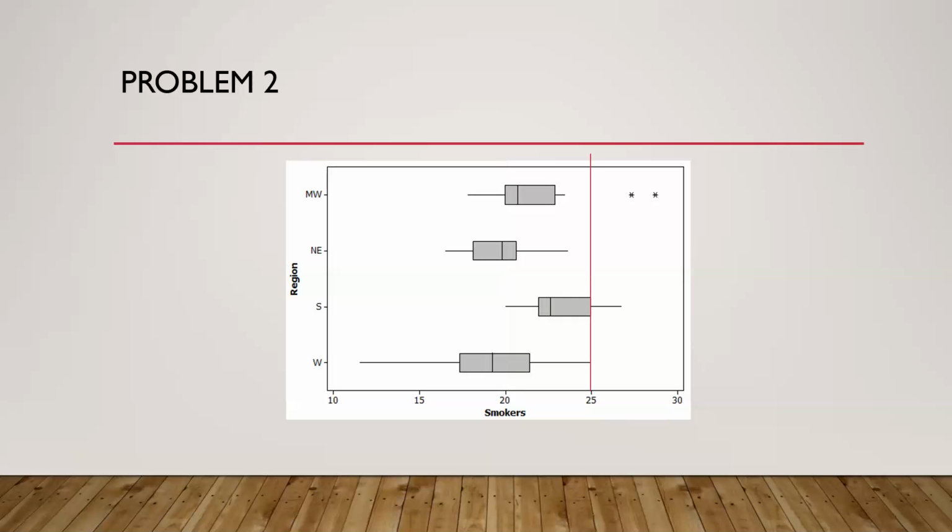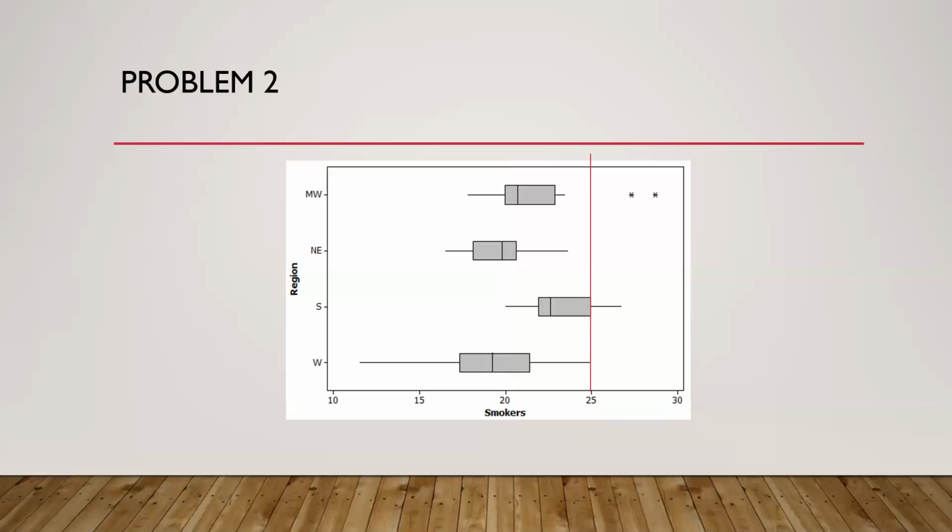Now for part F, it says the smoking rate is no more than blank percent in 75% of the southern states. Okay, so to say no more than 75% means that we want to find the third quartile for the southern states, meaning we're looking at the right edge of the box.